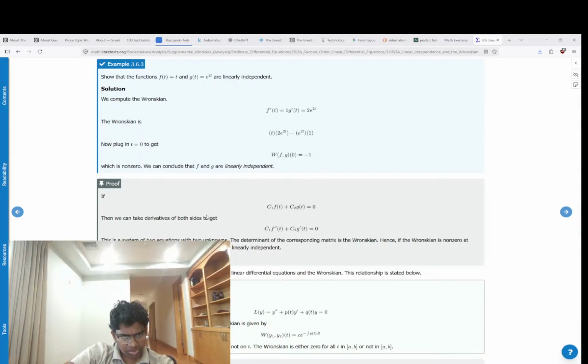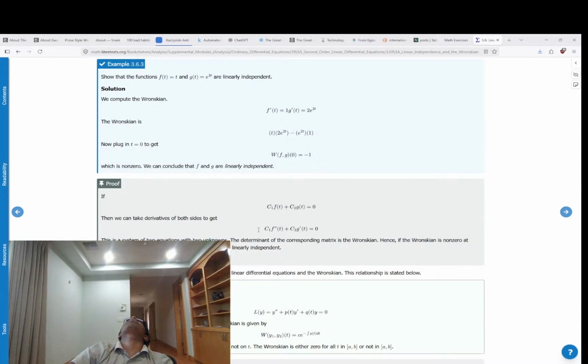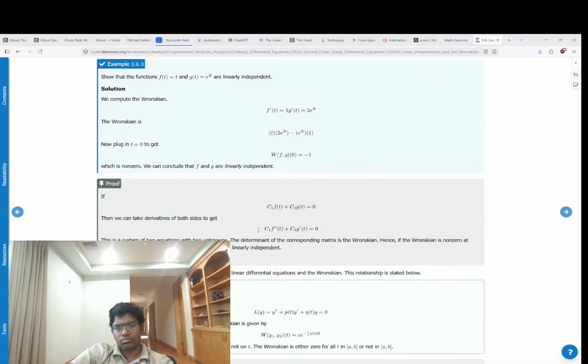Apparently from linear algebra, system AC equals 0 only has a trivial solution C equals 0 if and only if determinant A is not equal to 0. So if and only if determinant A equals 0, there exists a non-trivial C not equal to 0. Okay, I understand now.